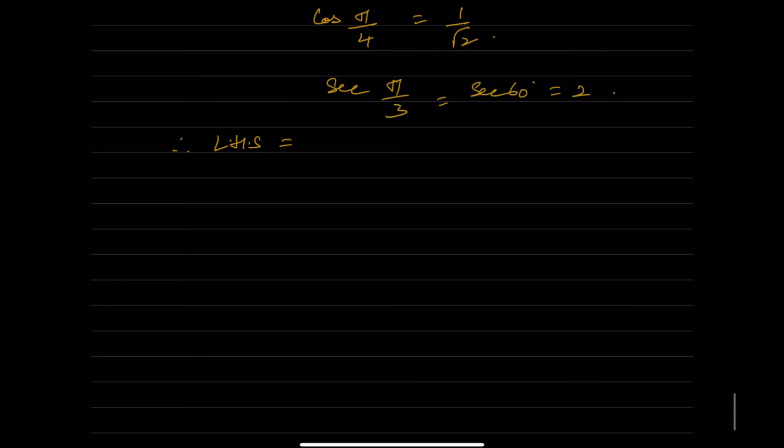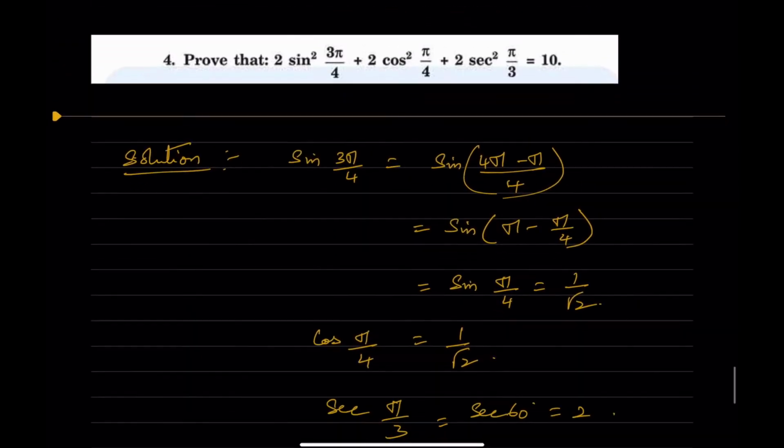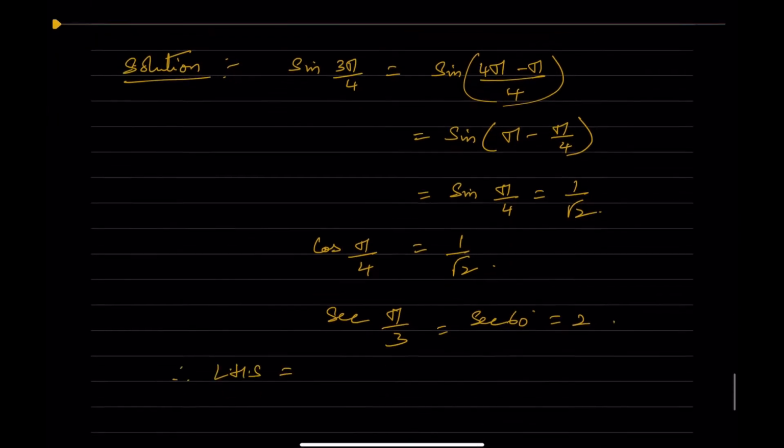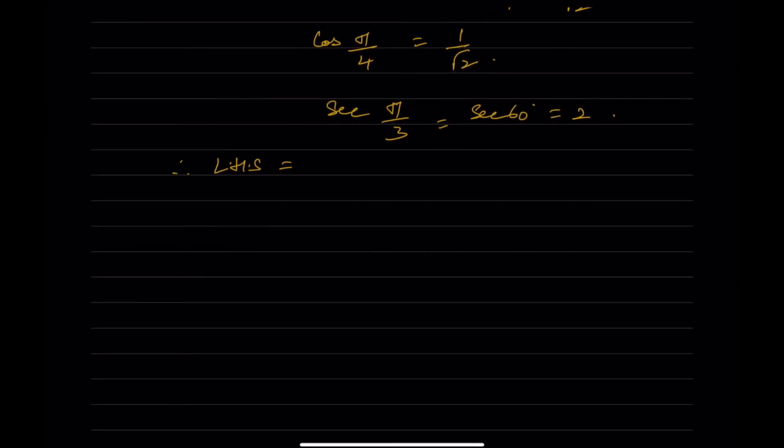Therefore LHS is equal to, what is LHS equal to? 2 into 1 by root 2 whole square plus 2 into 1 by root 2 whole square plus 2 into 2 square.